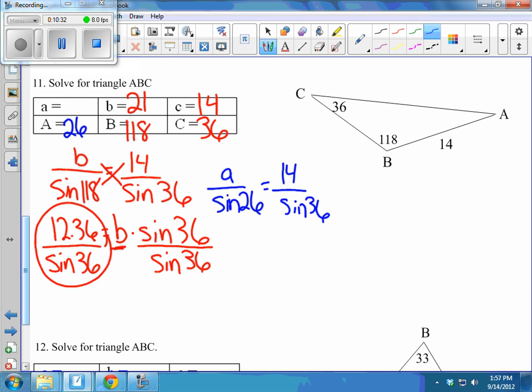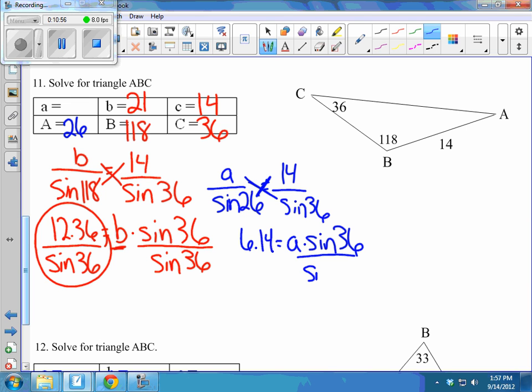So I'm going to do my cross products. And when I do that, I get 14 times sine of 26 is about 6.14. And multiplying the other way, that means A times sine of 36 should also be about 6.14. And now to get A by itself, I'm going to divide by sine of 36.